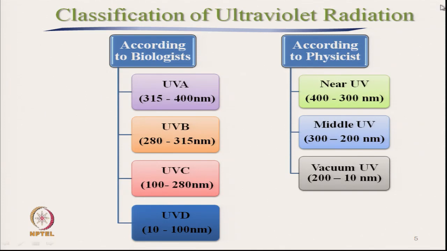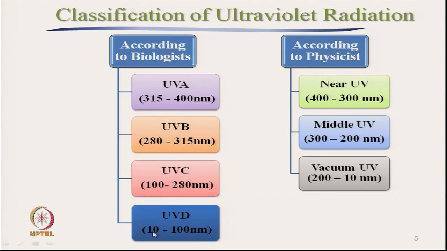As per the biologists, this radiation can be classified as UVA, UVB, UVC and UVD depending on the effect on our biological species, and according to physicists this can be subdivided in different ways like near UV, middle UV, vacuum UV, like that.